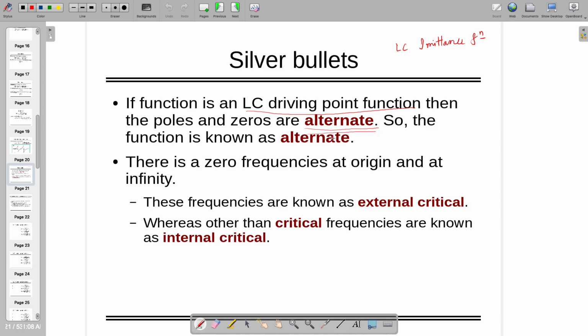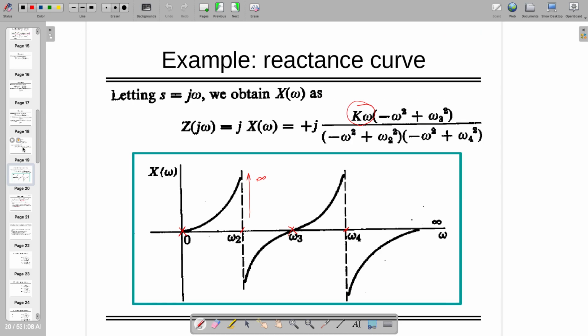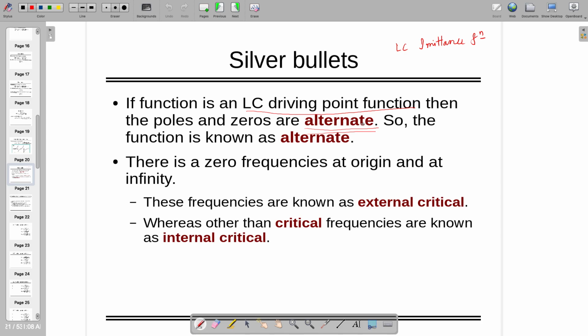If they are not alternate, you cannot make an LC driving point function whose reactance curve looks like this, or it may not be synthesizable. Even if they are positive real functions, they may not be synthesizable in the form of LC. It might be synthesizable in another way, maybe an RL circuit or an RC circuit, but it may not be LC, right? So this was the first property, or the silver bullet, that the poles and zeros have to be alternate.